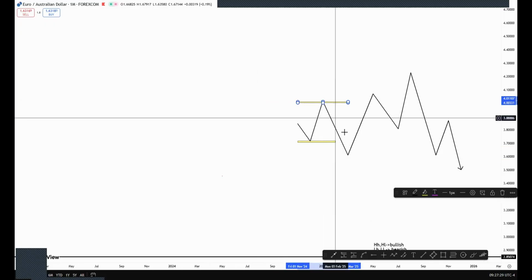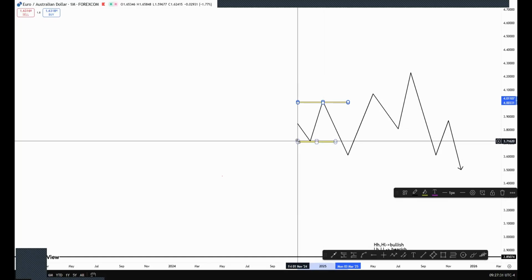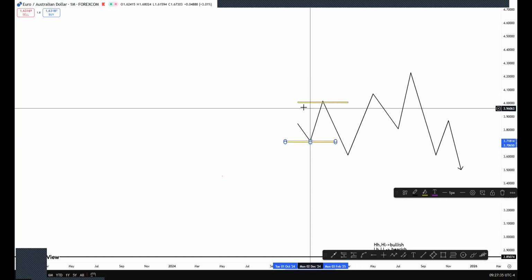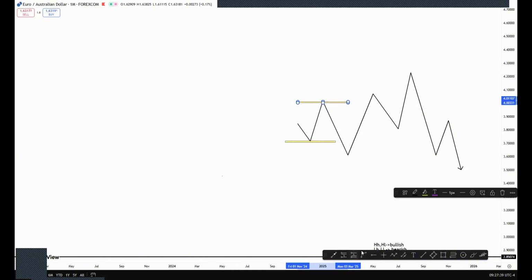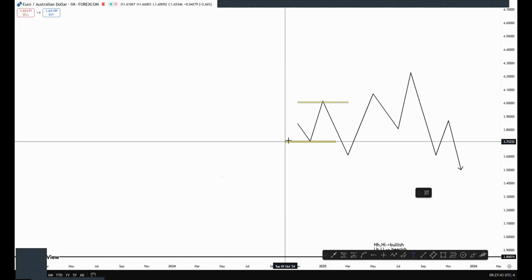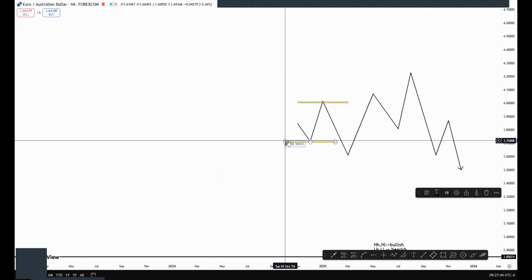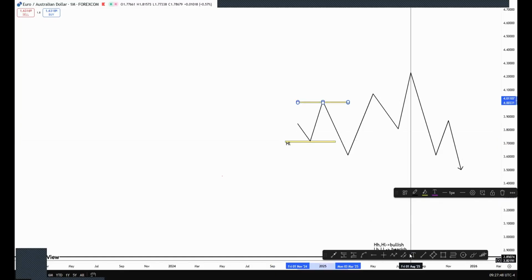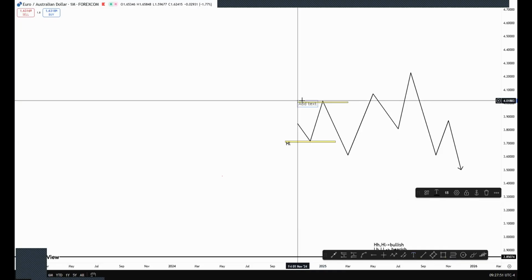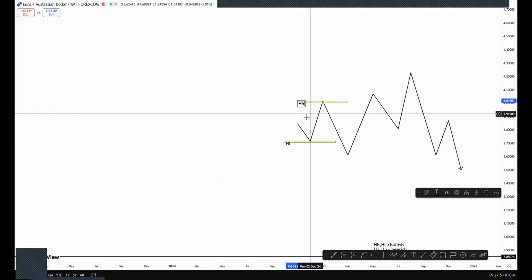So without all this continuation, when we look at this price here, this is our higher low and this is our higher high. You see?